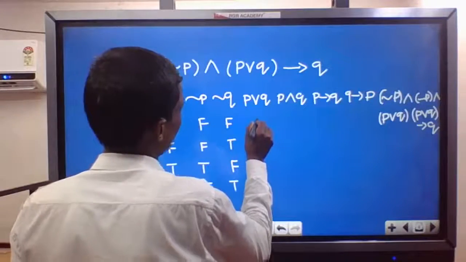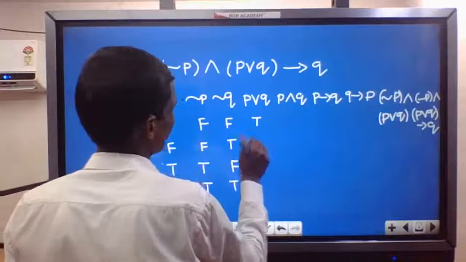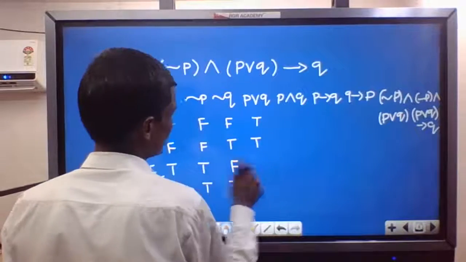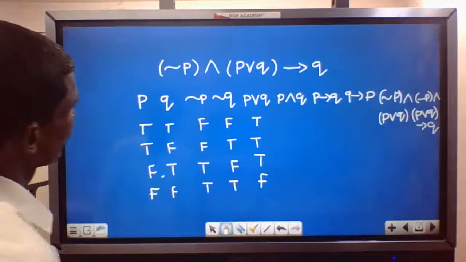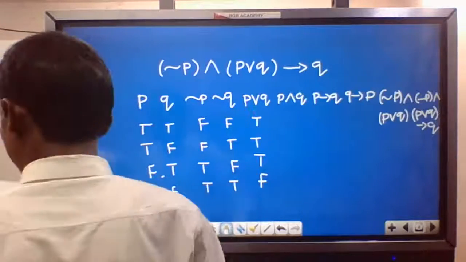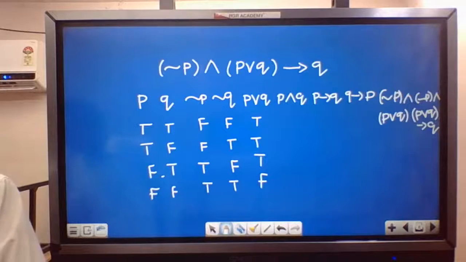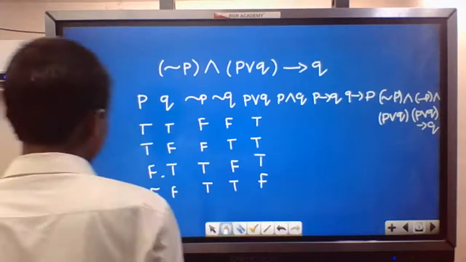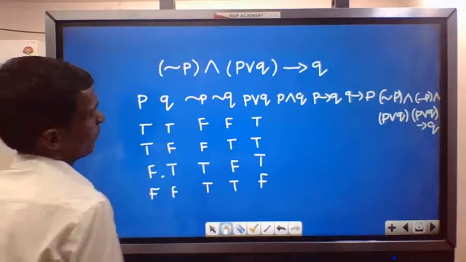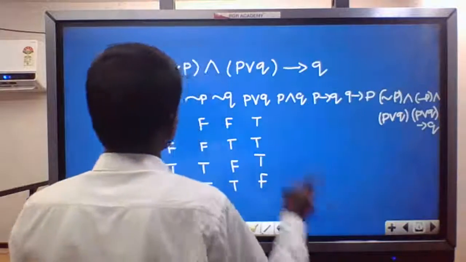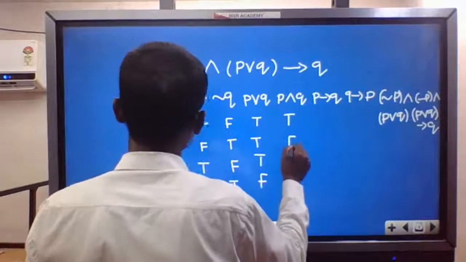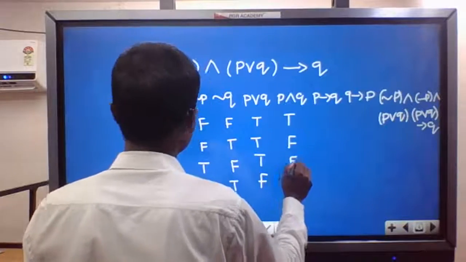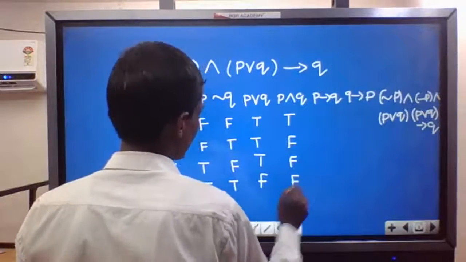So P V Q is true, true, true, false, because this is OR. Next one, AND. The AND is T, false, false, false.